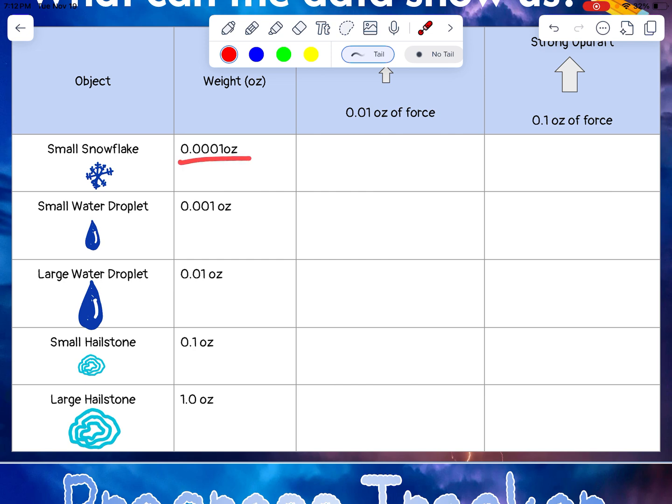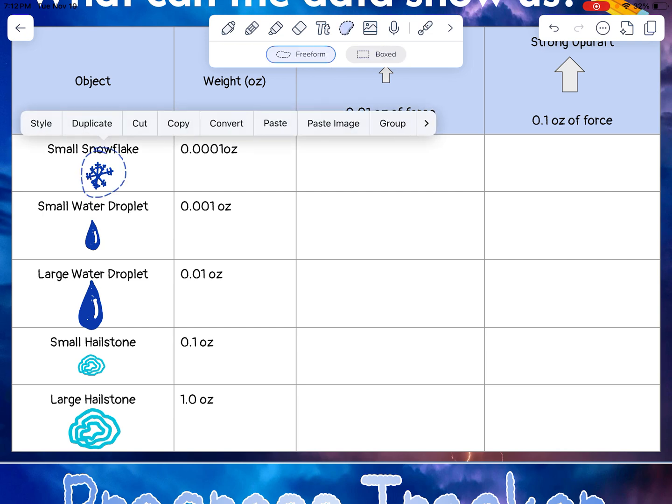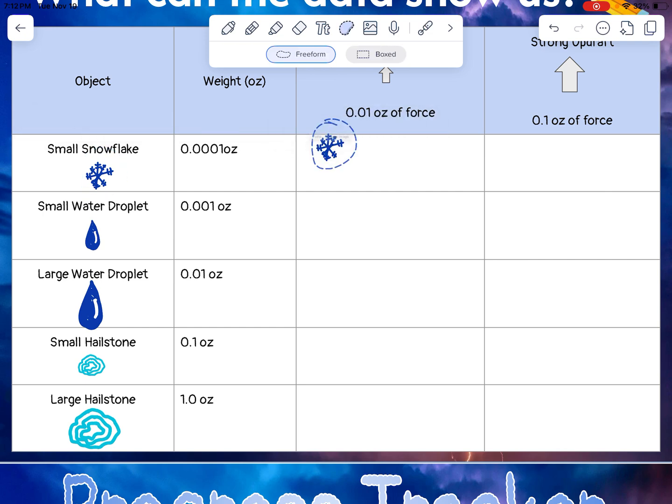Now we just have to do some mathematical comparisons, okay? So if we think about the little water droplet, the snowflake, we can see that the snowflake has a weight of 0.0001 ounces.